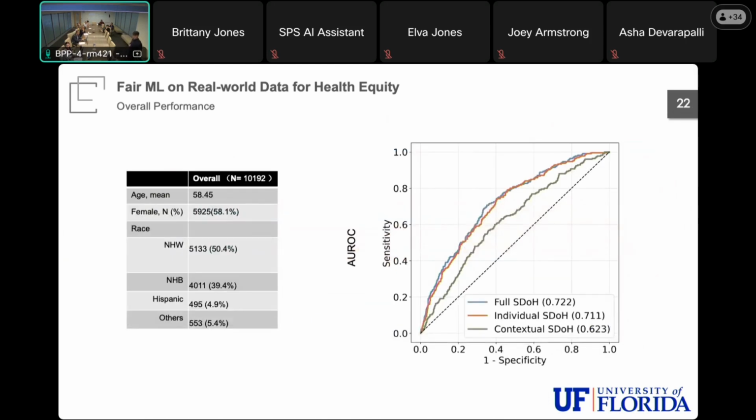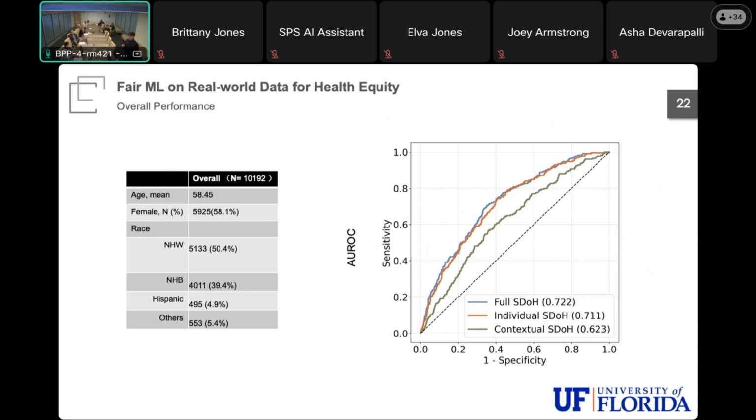Okay, let's check the overall performance. You can see that we have 10,000 patients. The mean age is 58, and 58% are female. The white group and black group are comparable, although the white group is the most populous group here. And you can see the results on the right figure.